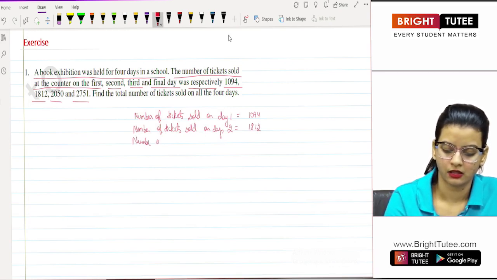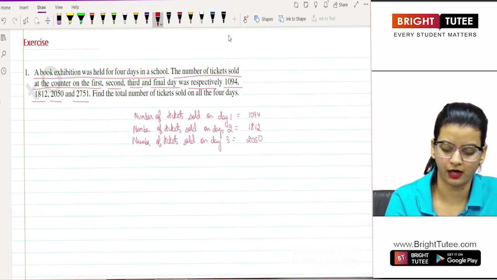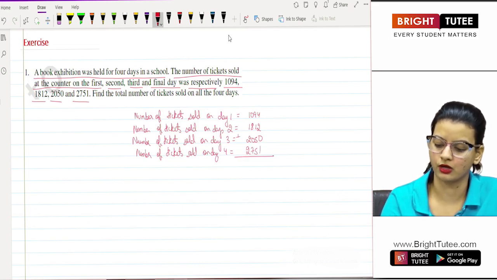Then number of tickets sold on day 3 is equal to 2050. And finally number of tickets sold on day 4 is equal to 2751. So let's calculate the total number now.